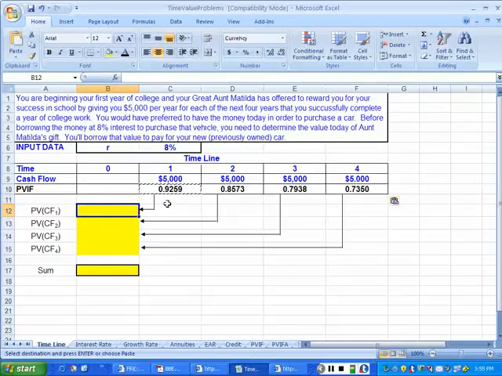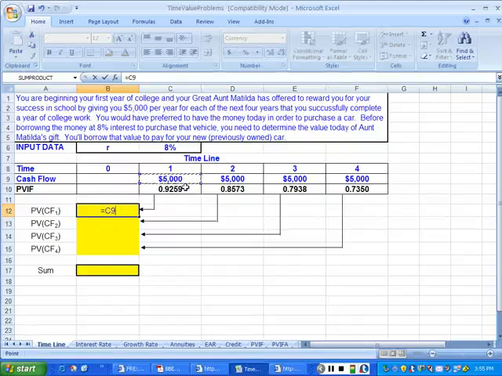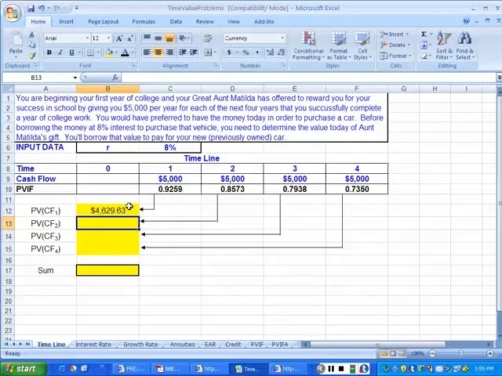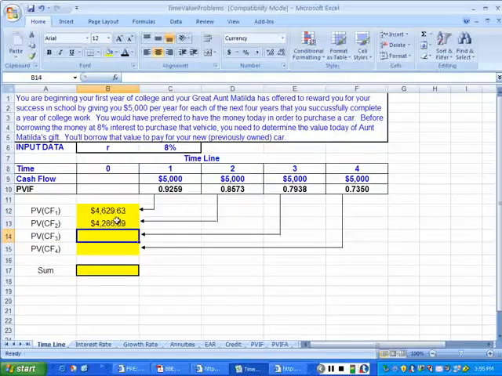Now, if I simply multiply each of these through, in other words, here's my $5,000 1 year from now, multiplied by the 0.9259, it says that, okay, that's worth $4,629.63 today. The 5,000 2 years from now, when multiplied by the factor, tells me it's worth $4,286.69 today.